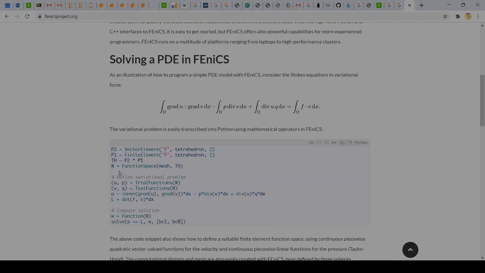So here there are some trial functions U and P, and look at how they write the system here at the top, in terms of how it would look inside a Python environment. It is important to understand that they are making use to a large extent of symbolic computations.